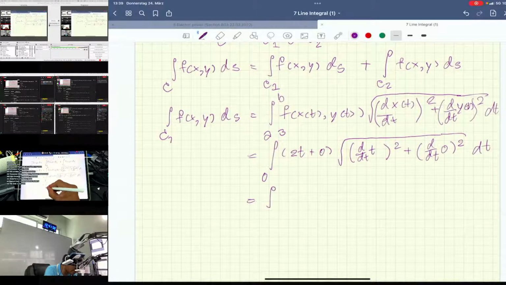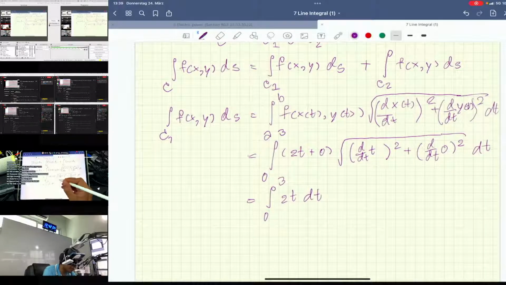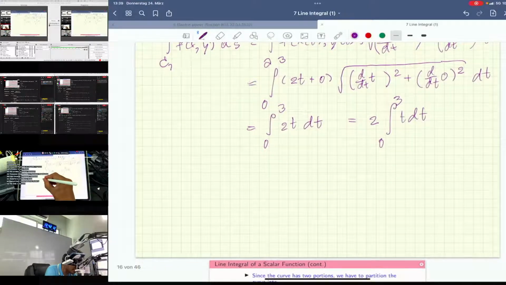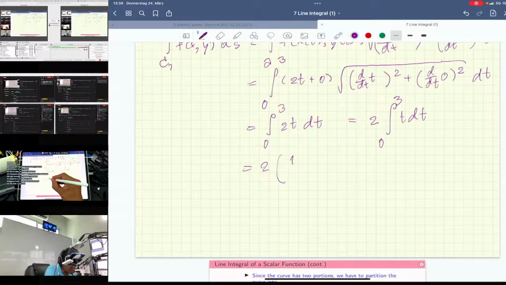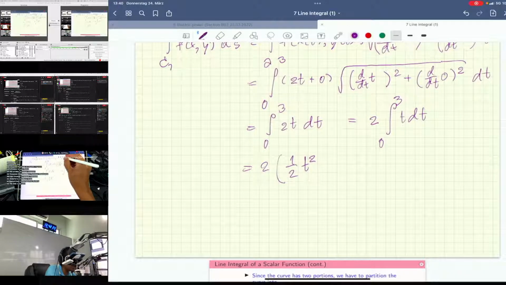Integration from 0 to 3 of 2t dt, right? It's going to be 2 times the integration from 0 to 3 of t dt. You know that integration will raise the exponent of that term, so 2 times 1/2 of t squared, with t starting from 0 and ending at 3.